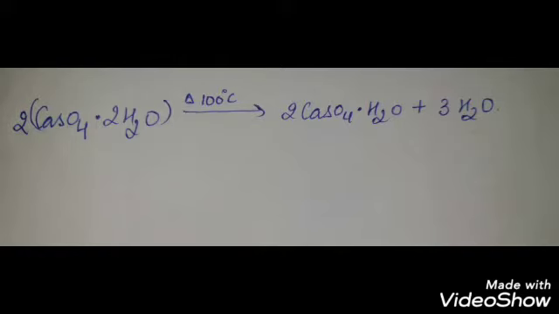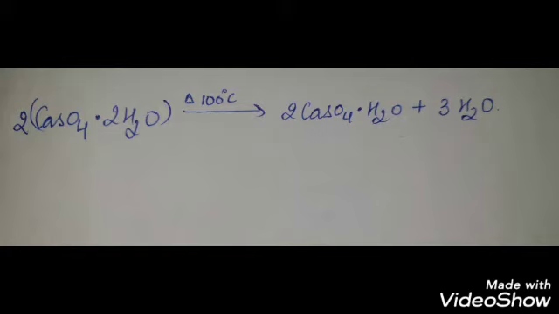So if we multiply the whole equation by 2 and write another equation for the preparation of plaster of Paris, then we will see that plaster of Paris can also be written as 2CaSO4.H2O.